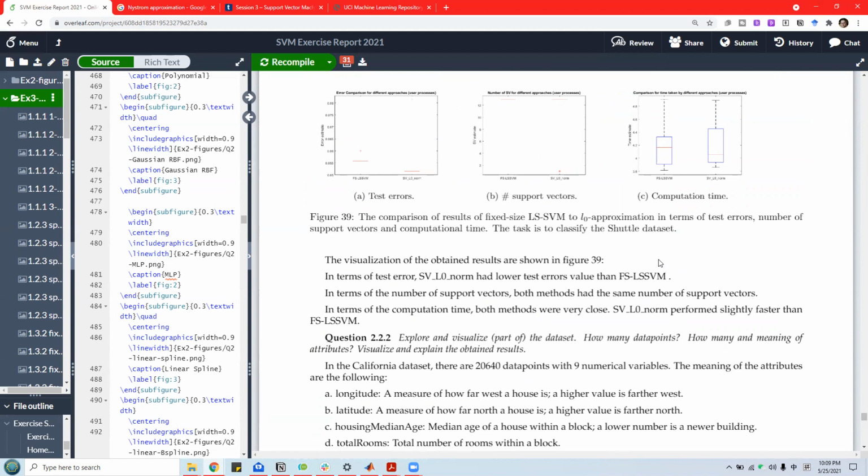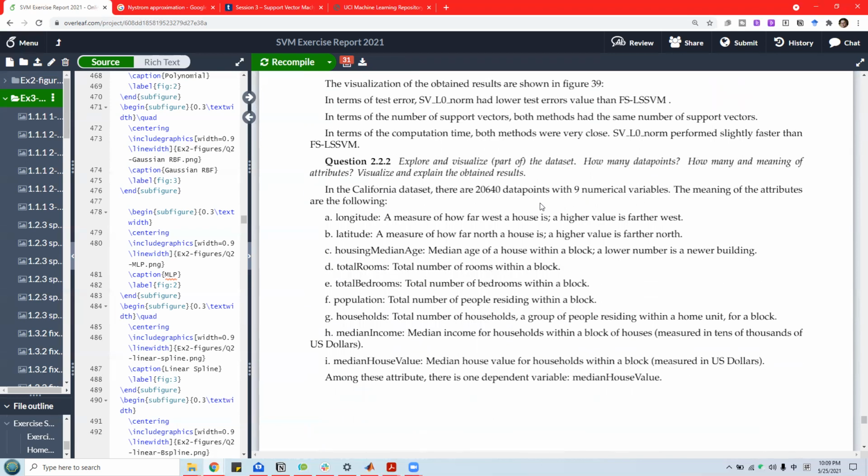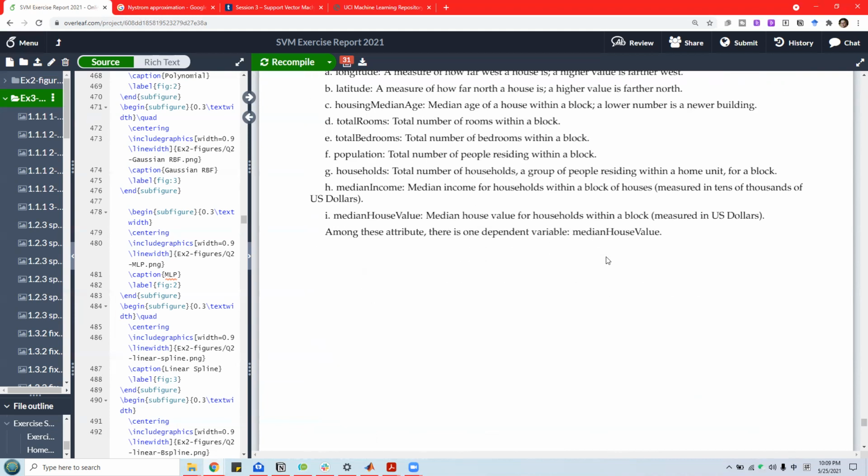No, just make sure; if not, we just continue. If you just Google the California data set, you will get an explanation for each attribute, because this is basically housing price prediction data.